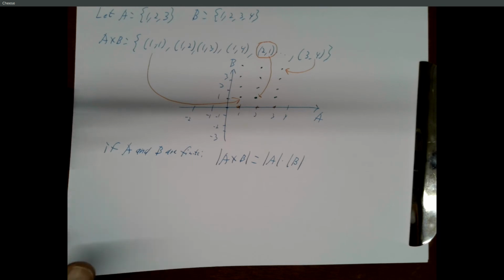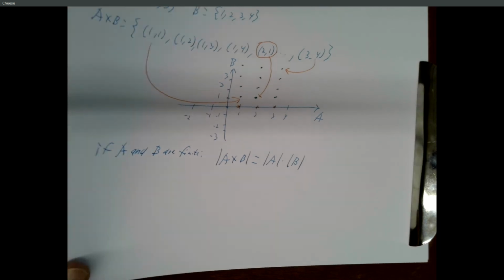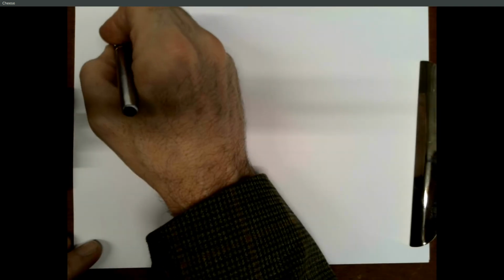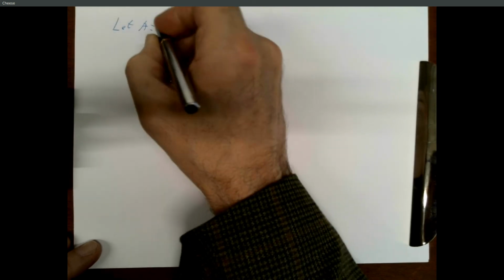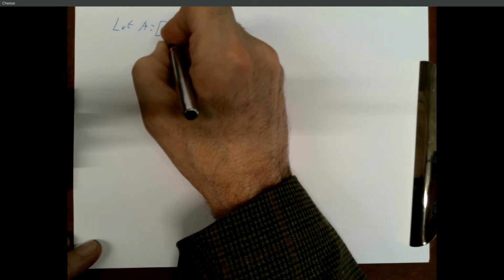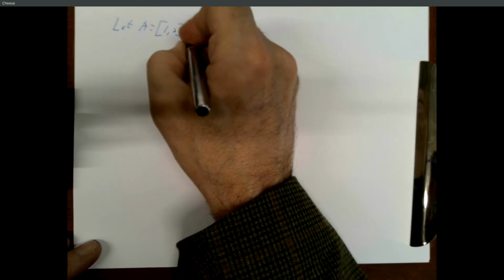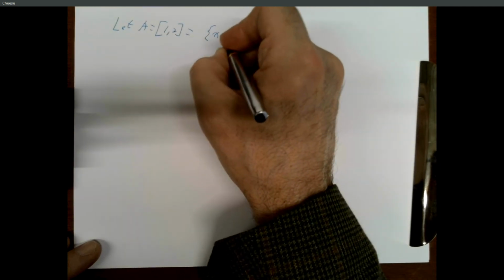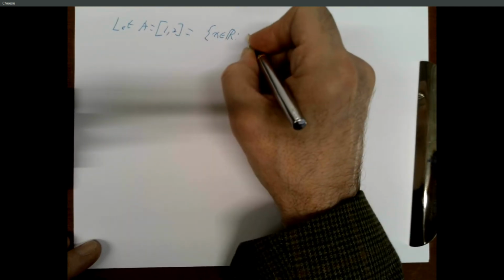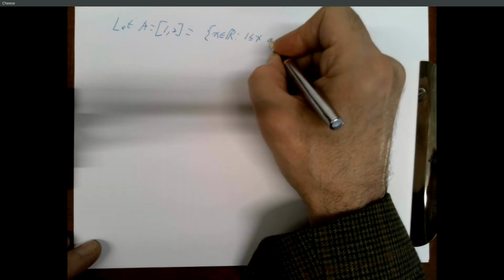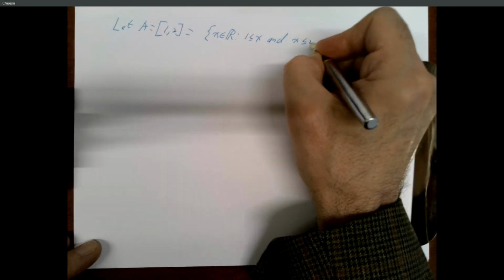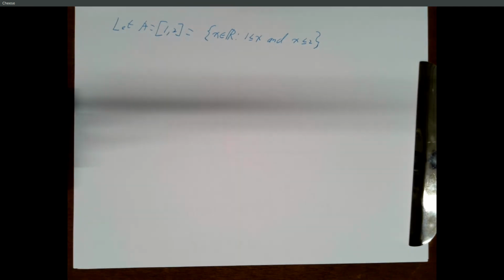Well, if we go back to real numbers for one more moment, and you remember interval notation, so this interval notation, 1, 2 inside square brackets, is the set of all real numbers between 1 and 2.